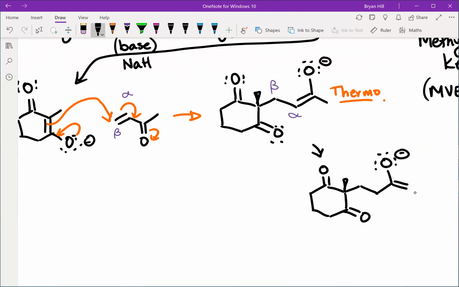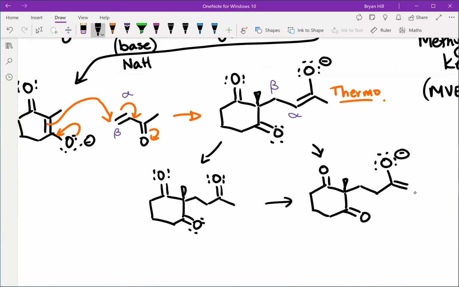This negative charge can deprotonate some starting material, and then later on, this could get converted into this, which could subsequently get deprotonated again to form the kinetic enolate. So this can all happen in one pot, or you can isolate it and then do the second step.